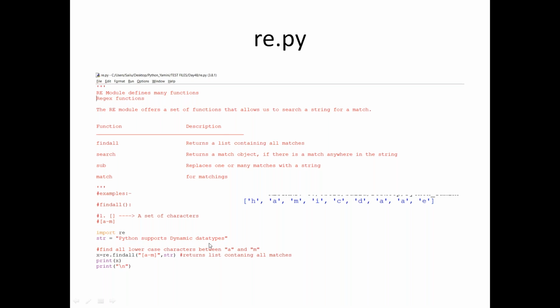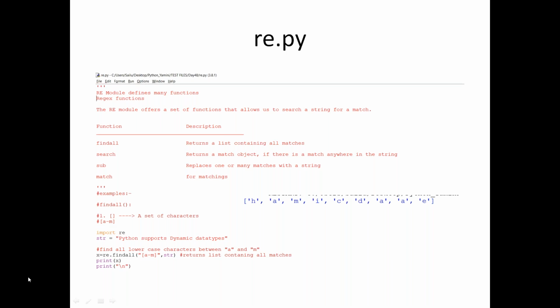How many lowercase letters do I have? Find all lowercase characters between a and m, that is, a to m. I was in a sleepy mood, so I just typed a and m. So between a to m, I want the lowercase letters extracted.